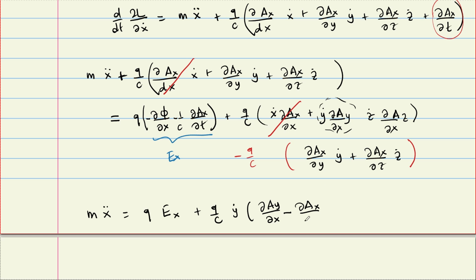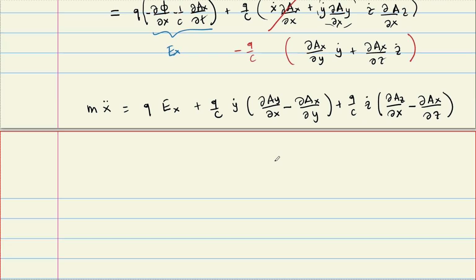Del A x, yes. Del, this is del y. And this is plus again Q over C z dot. So this term del A z del x, and with the minus del A x del z. But if you remember, B is equal to curl A, which is going to be del x del y del z, A x A y A z.